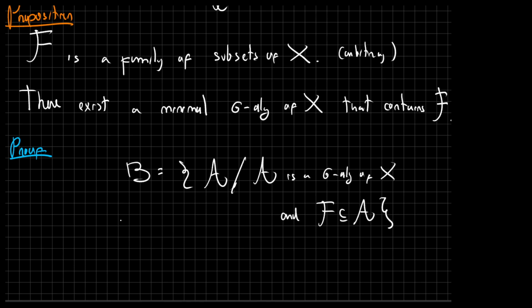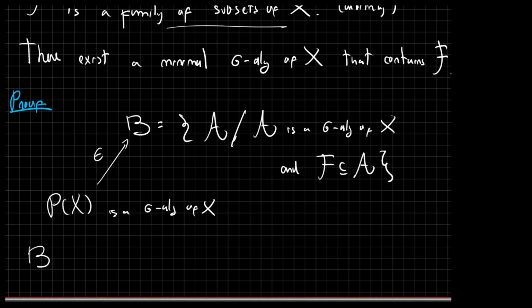Well, of course, we know in the previous video we showed that the power set of X is a sigma algebra of X. So F is of course an element of the power set of X by definition. So this will be in the set B. So B is different from the empty set.